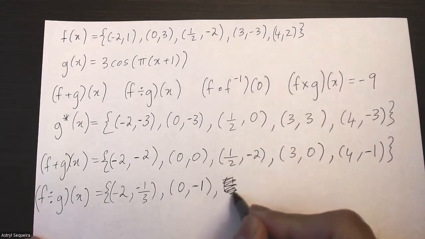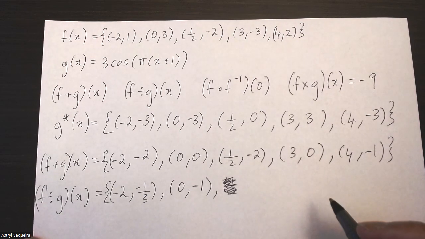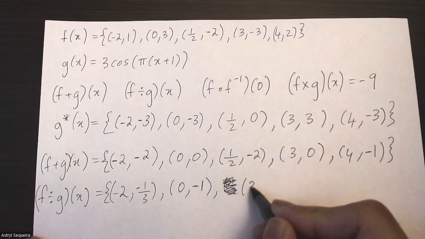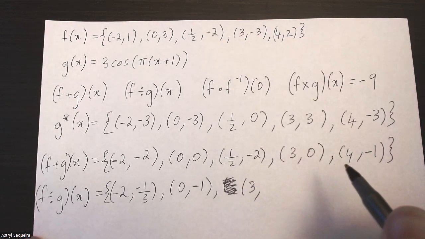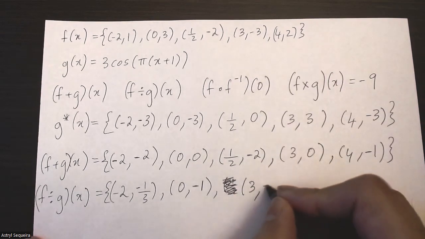So this point is not going to exist for the division because -2 divided by 0 is infinity. So that's not technically a point. It's a vertical asymptote. The next one will be 3. And -3 divided by 3 is just -1.